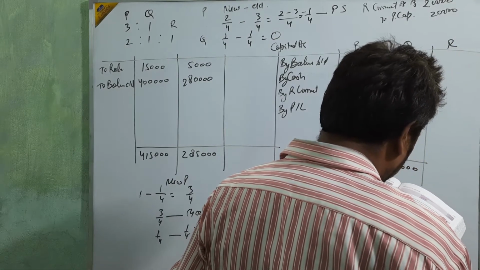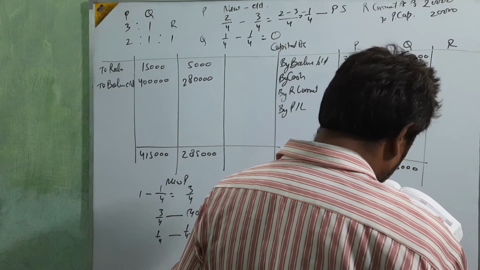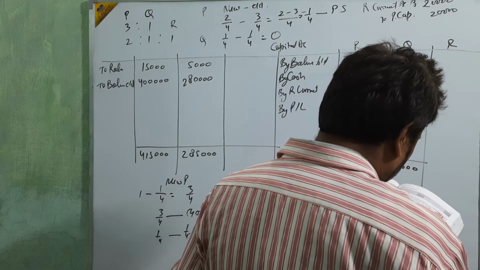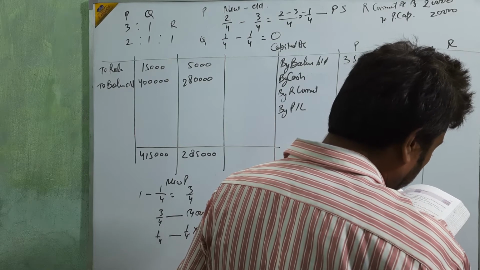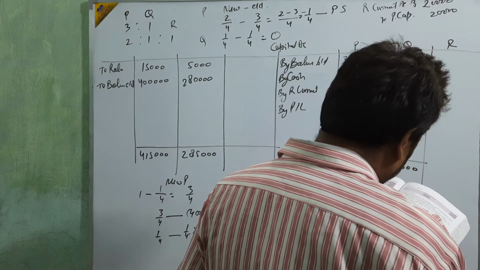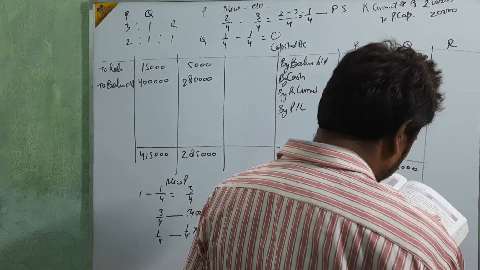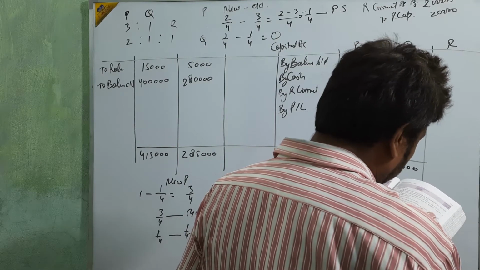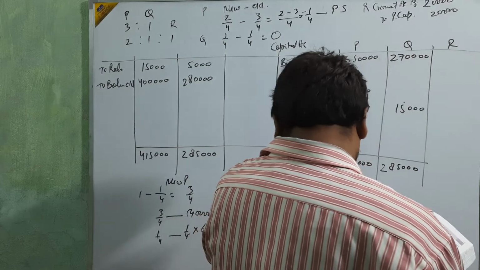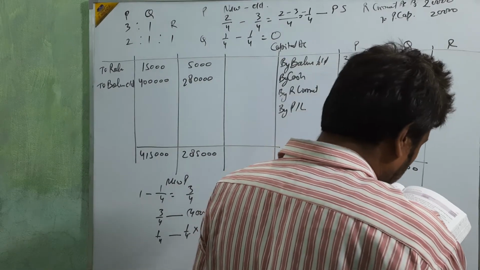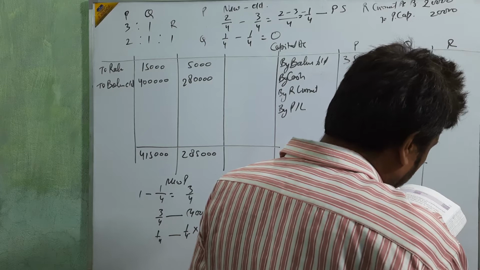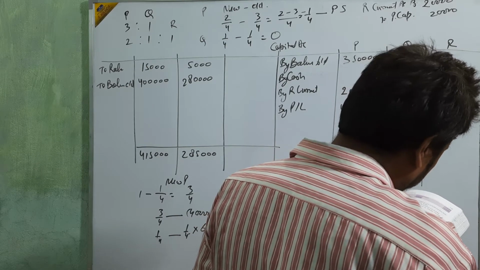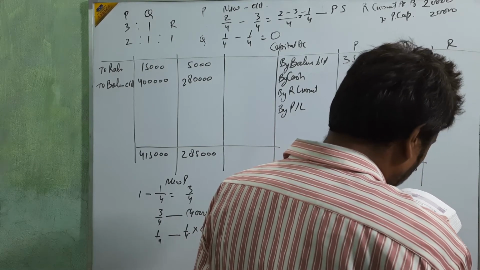Premises are being brought in as goodwill, not in cash, and are being prepared as capital, the share of profit in the firm. Okay.